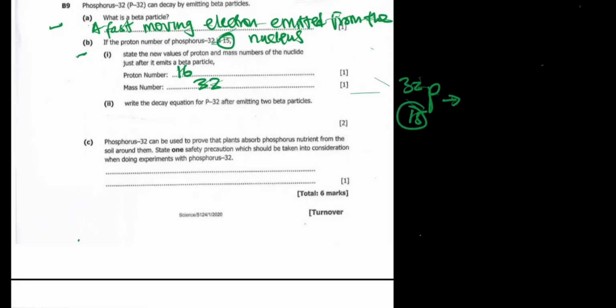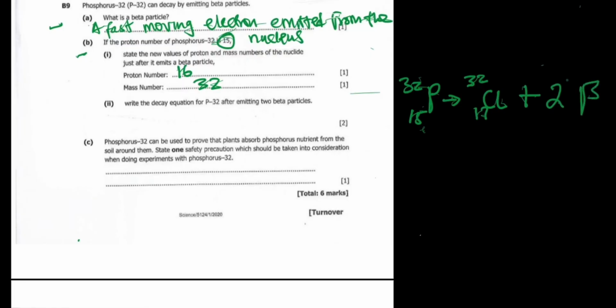The mass number is not going to change. So this 15 is going to increase by 2 because 2 beta particles have been released. And when you have something like that, you will notice that it is going to change into a chlorine atom, because here you're going to have 32, here you're going to have 17. So this is chlorine, and you're going to indicate that it has lost 2 beta particles.